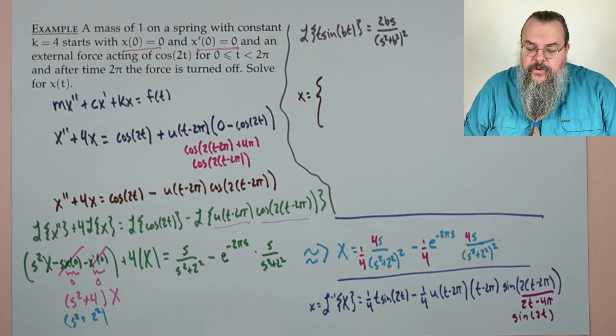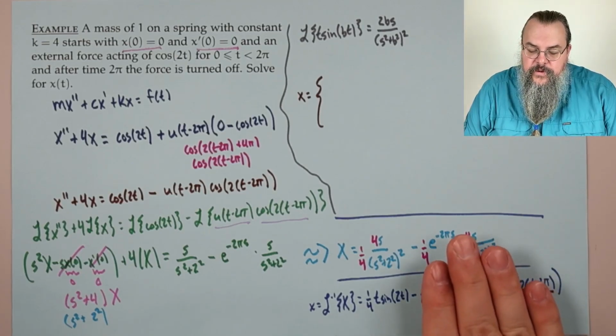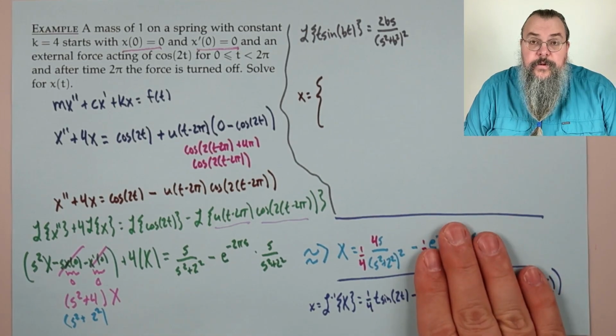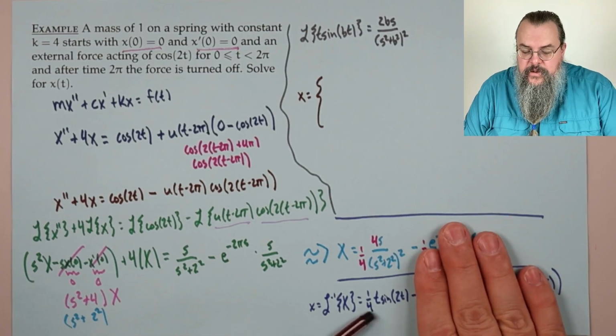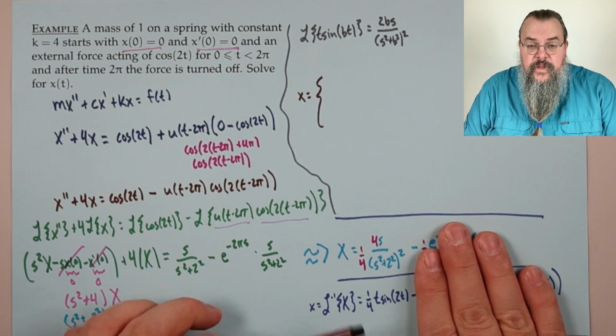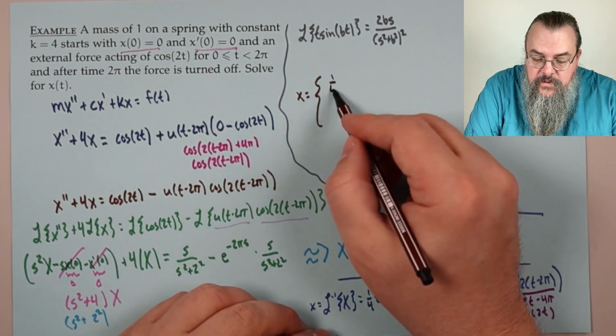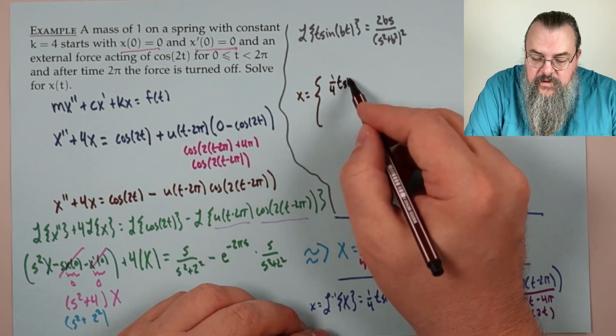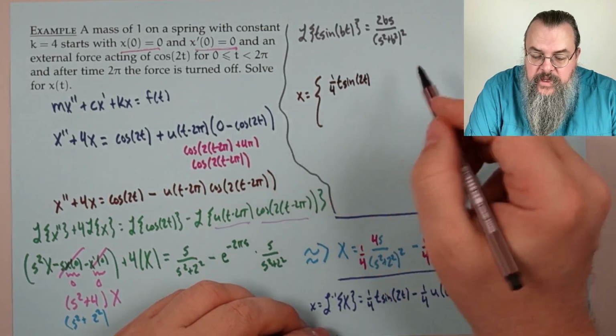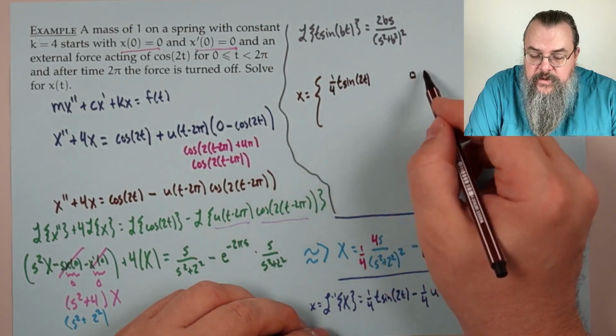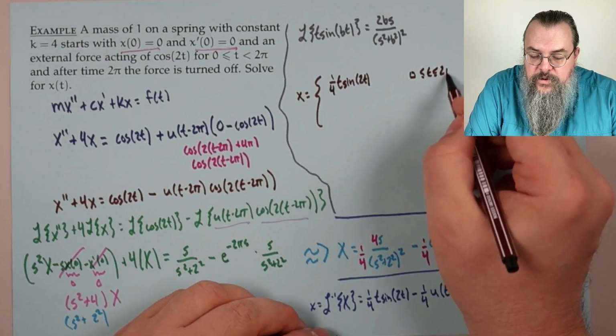Before 2 pi, you only see this piece. So it starts off as 1/4 t sine 2t, and that's between 0 and 2 pi.